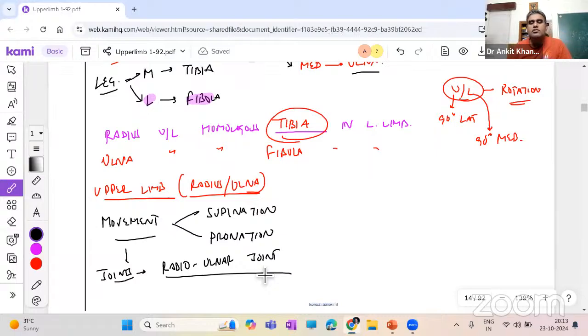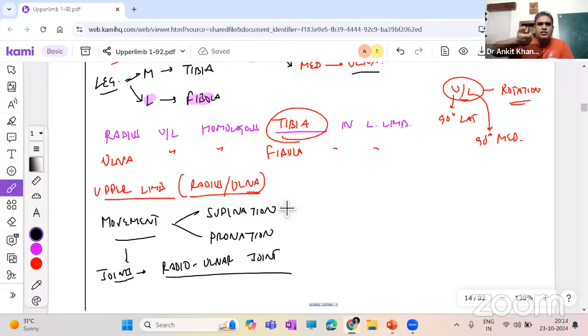As you will see in the bones, the radius rotates around the ulna. There is a radial notch in the ulna and an ulnar notch in the radius, so there are two notches, one in each bone. Understand that part.